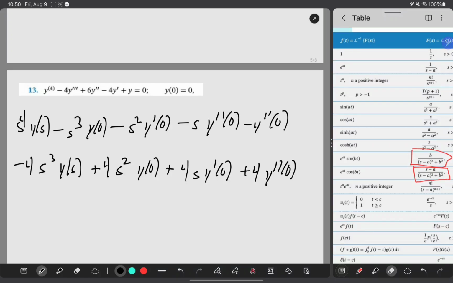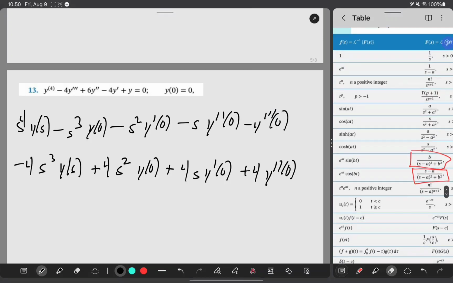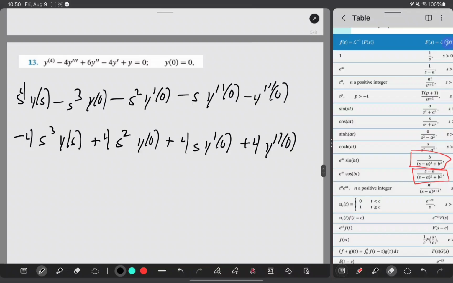Wait a minute. S cubed, s squared. This should be triple prime, that's why. Okay. Phew! Good thing I caught that.